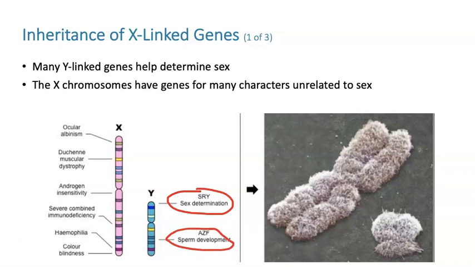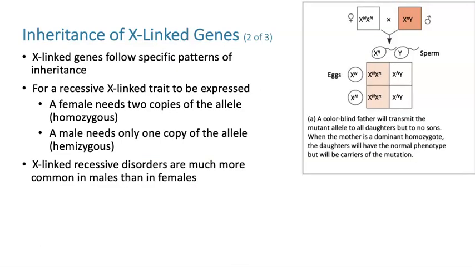But if we look at the X chromosome, there are a lot of genes on there that are unrelated to sex, including ocular albinism, where your eyes don't have any melanin, Duchenne's muscular dystrophy, a region that's important in androgen insensitivity, also severe combined immunodeficiency syndrome, hemophilia, and colorblindness. These are all genes that are located on the X chromosome. And so they're going to be inherited differently from how we've been talking about with Mendel.